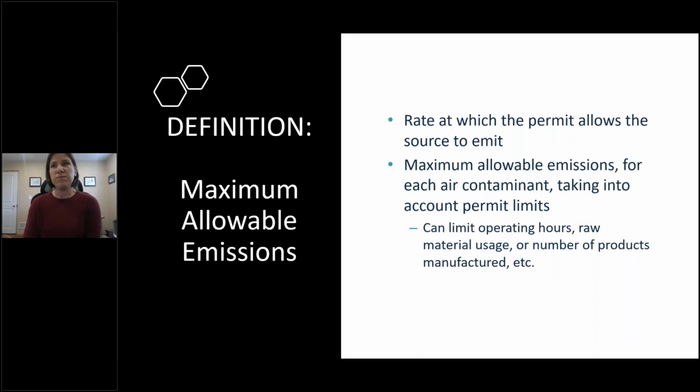One way to do this is to first determine the projected emission rate and then incorporate a buffer or a margin of compliance. The margin of compliance should be designed to allow the source to continue operating in compliance with its PTI, even with an unexpected increase in production demand. Once a permit is issued with limitations, the maximum allowable emissions is your new restricted PTE, which is what most regulations are based on.